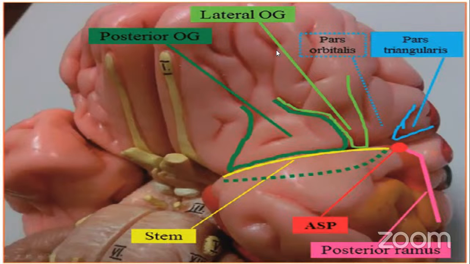Here we have the lateral orbital gyrus, and medially we have the posterior orbital gyrus. From medially we have the bony prominence, that is the anterior clinoid process. The stem starts from here, extending laterally towards the lesser wing of the sphenoid, and all this is termed as the stem. As you can see, it is labeled in here in the yellow line.